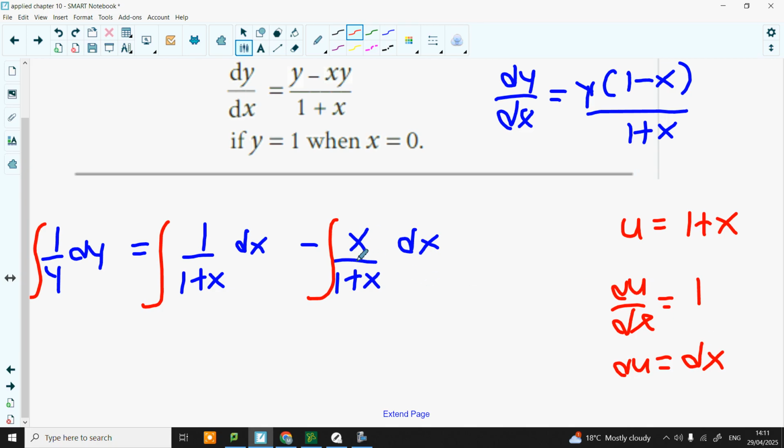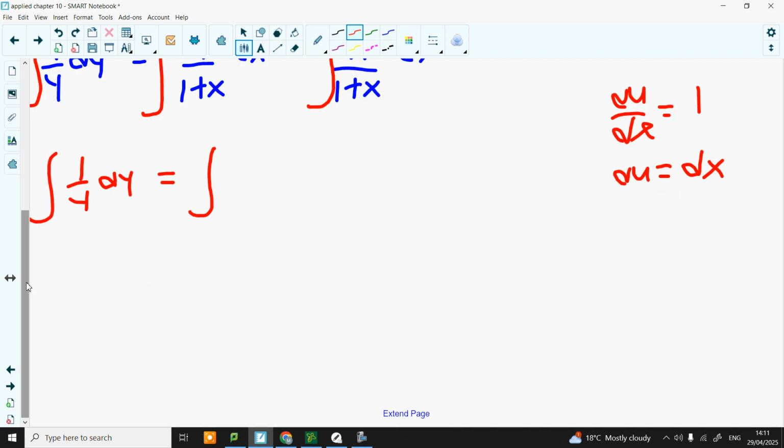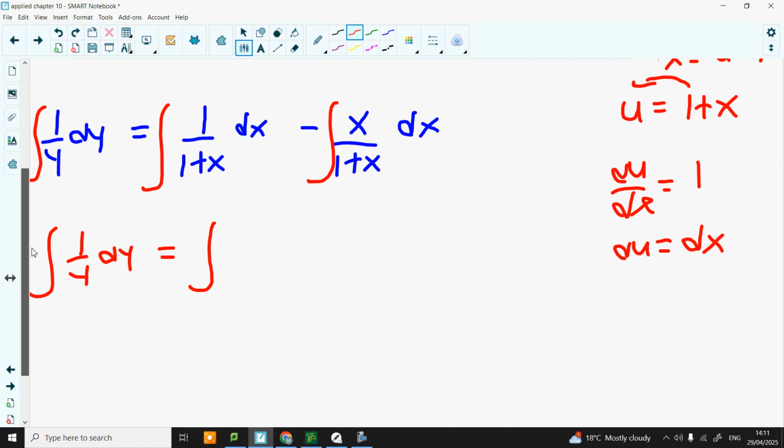And then the next part is, see the x on top? If I bring the 1 over the other side, x is actually equal to u take away 1. Now check out what happens here. 1 over y dy equals, that's an easy one to integrate, isn't it? We might integrate these as we go along, actually. What are the limits for y?